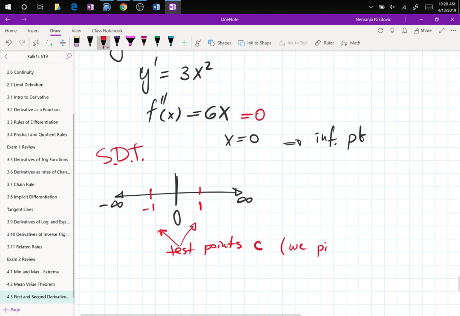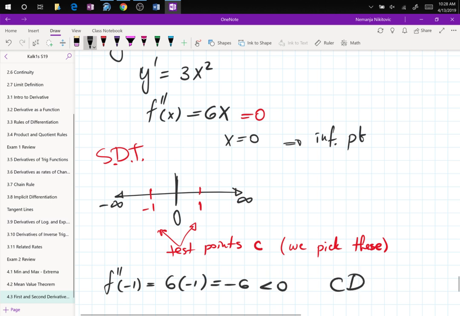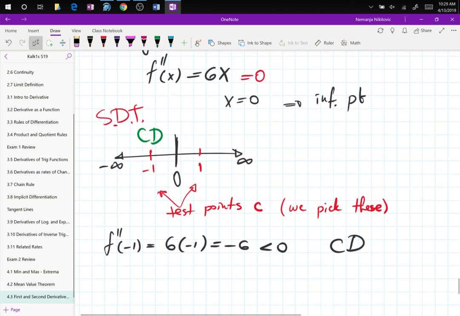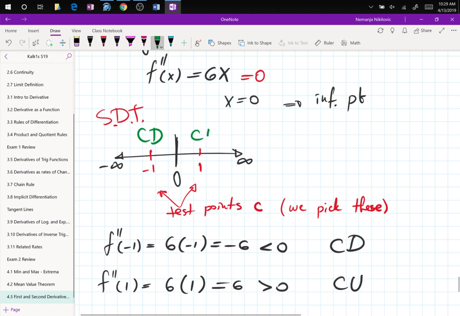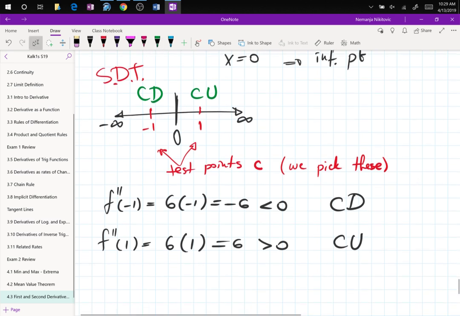And now the second derivative computed at -1 is going to be 6 times -1, which is -6, which is less than 0, which is concave down. Boom, CD. Second derivative at 1 equals 6 times 1 equals 6, larger than 0, concave up. There we go. Perfect.